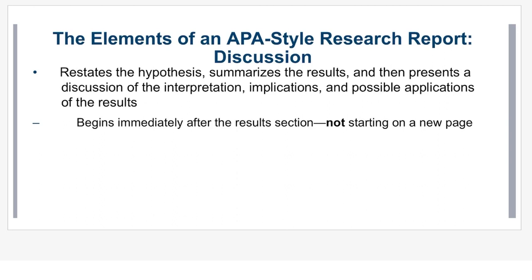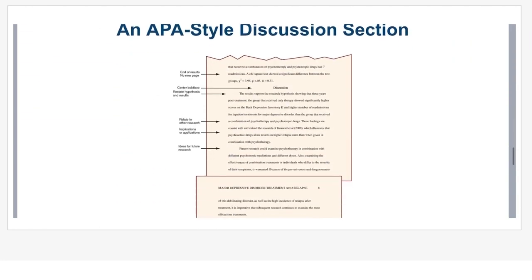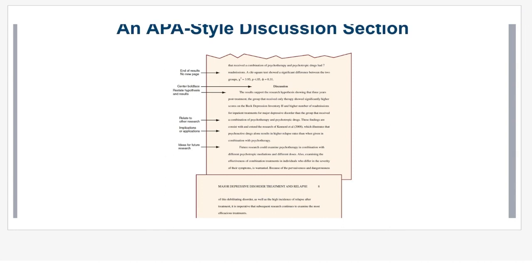So again, in the introduction, you're relating that research to your hypothesis and what you're going to study. In the discussion, you're relating your results back to that research that you talked about at the beginning.